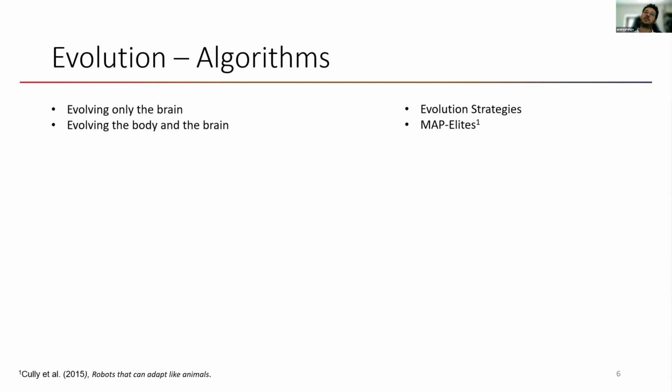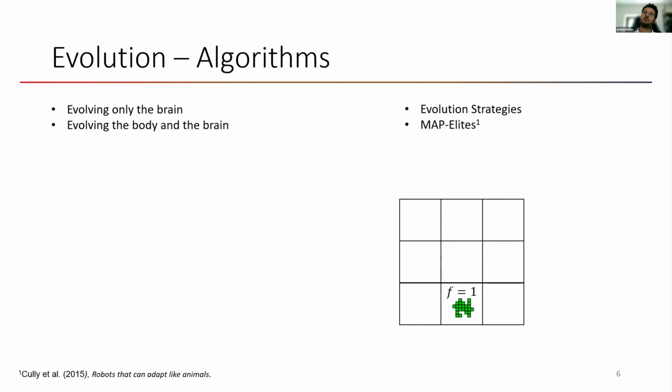In MAP-Elites, the archive that contains the solutions discretizes a feature space, and there is a function called the descriptor that maps a solution, an individual, into the discretized space. For example, if we have this bidimensional grid, with two features of size 3, and an individual with a fitness of 1, the descriptor maps the solution to a point, and if there is no other individual on the map for that position, the individual will be inserted.